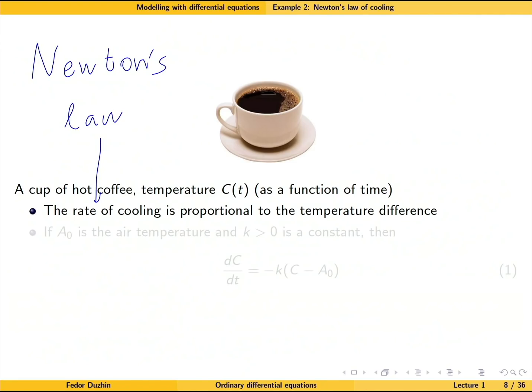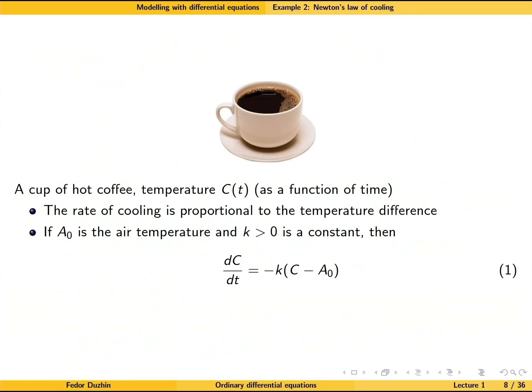Since it is the rate of cooling, the temperature has to decrease, that's why we put a negative sign here, because the derivative of the temperature must be negative, since the temperature is decreasing, so the coffee is cooling down. Okay.